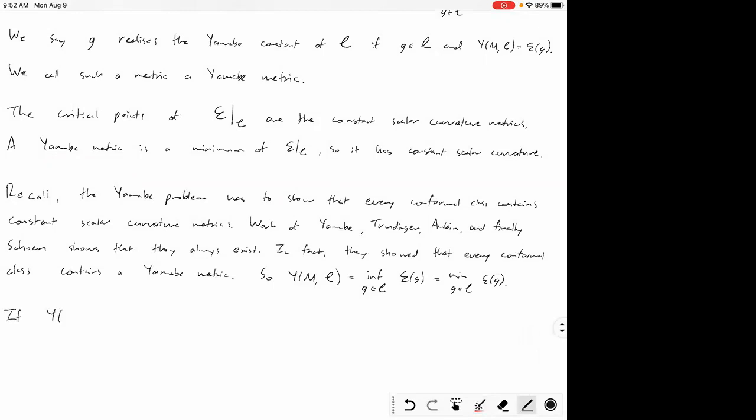So if the Yamabe constant of your conformal class is non-positive, then every constant scalar curvature metric is a Yamabe metric.